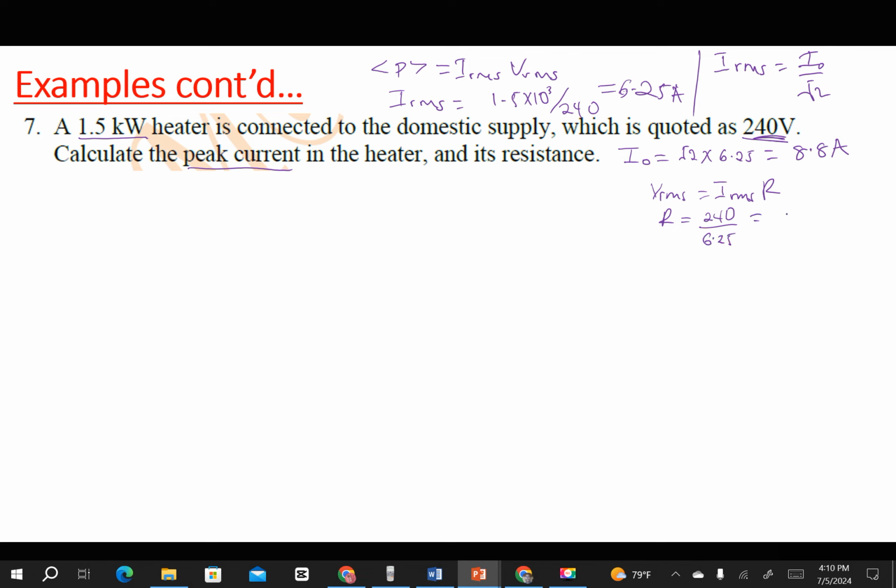Or you could use the average power equals V squared root mean square over resistance, and make R the subject. So 240 divided by 6.25 is 38.4 ohms as the resistance.